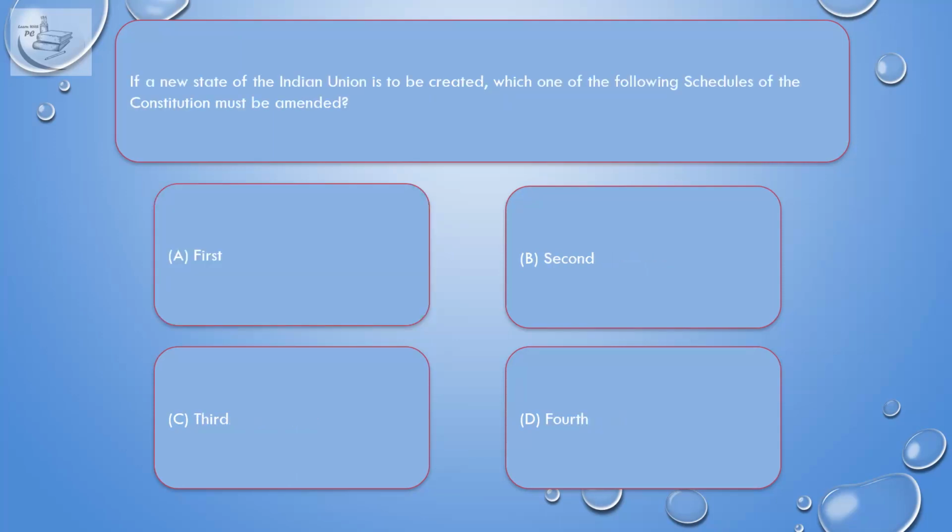Question: if a new state of the Indian Union is to be created, which one of the following schedules of the Constitution must be amended? A. First, B. Second, C. Third, D. Fourth. Correct answer is A. First.